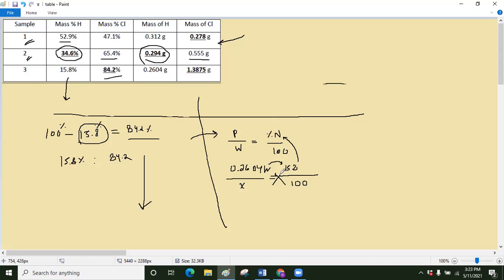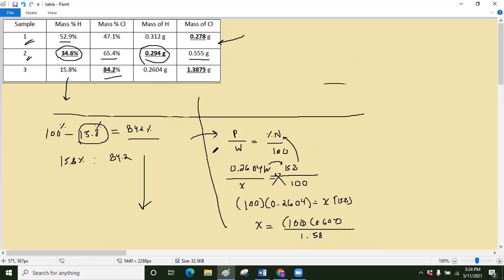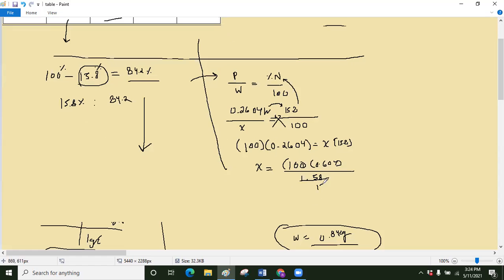Rather than cross multiply, because of course you do have a proportion, so 100 times 0.2604 equals x times 15.8. And then x, which is your total in this case, is going to equal 0.2604 times 100 divided by 15.8.